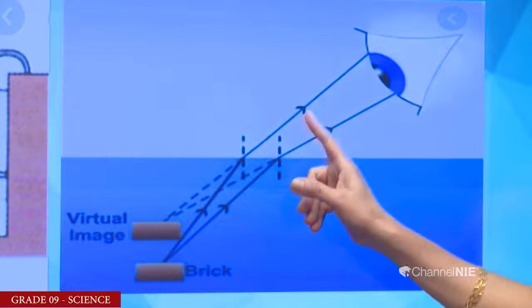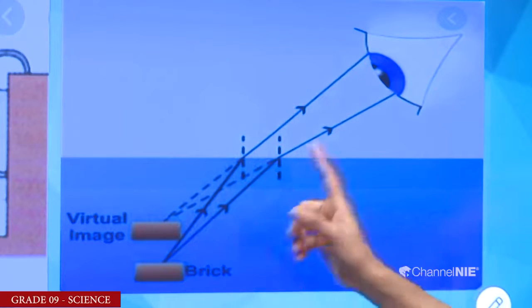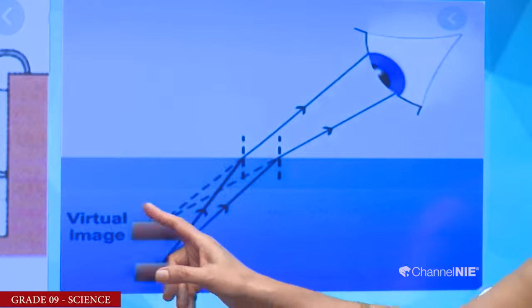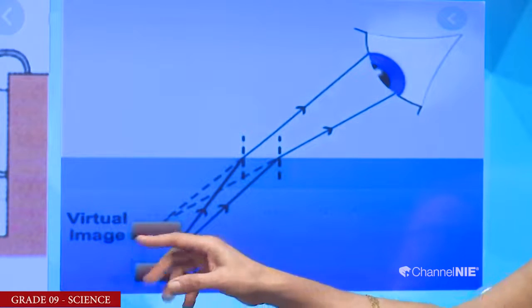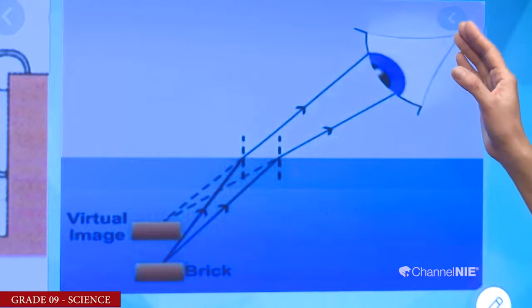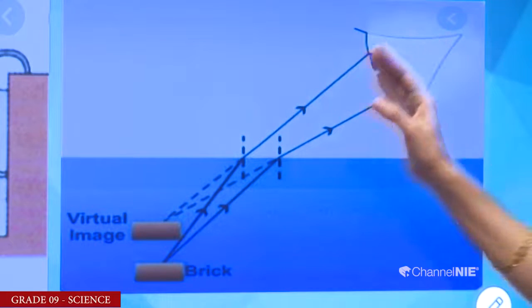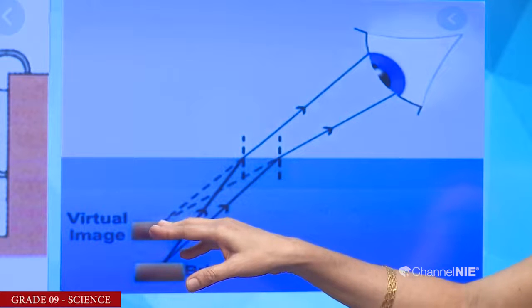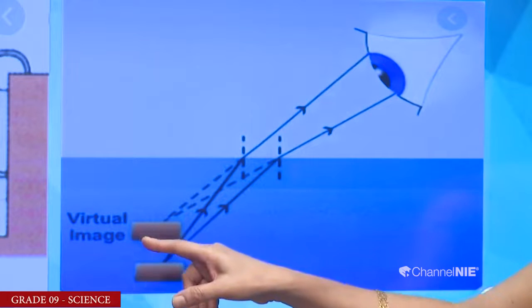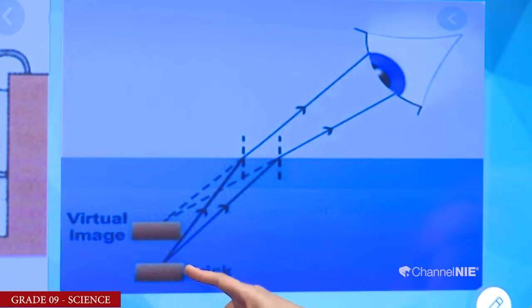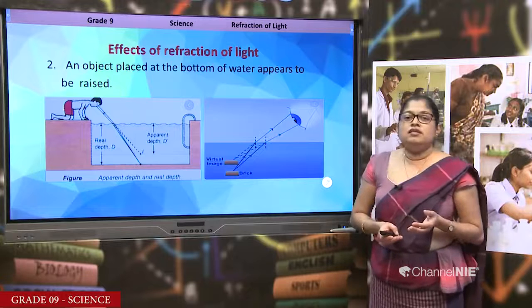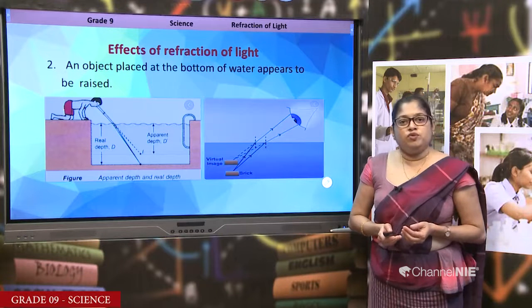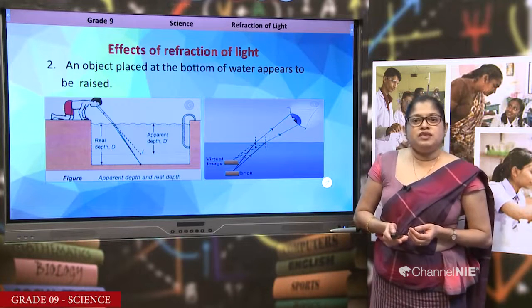If you extend these refracted light rays behind, you will get the image. We call it a virtual image. The one above the water surface can see the image here, but the object is not here, it is somewhere below that. This is what is called the raising of objects when you observe through water, due to refraction of light.